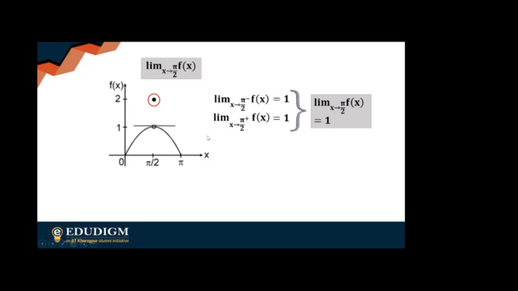But if you look at the functional value, this is the functional value, which is the value of the function at pi by 2. All right. So this is f(pi by 2). This is actually 2, which is not equal to 1. So whenever we were talking about limits, this functional value didn't affect the existence of limit.